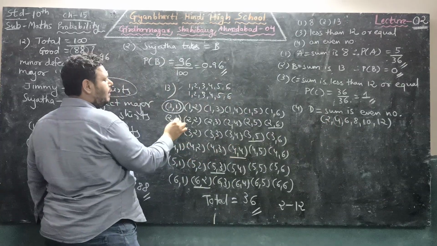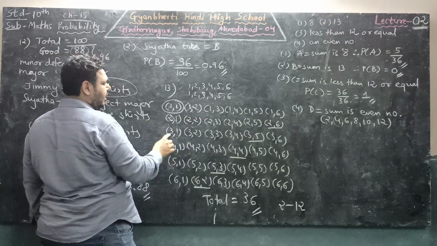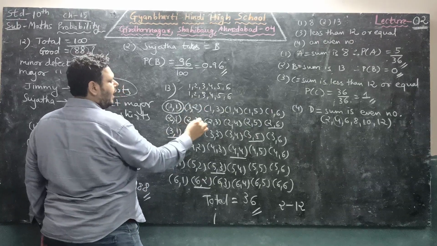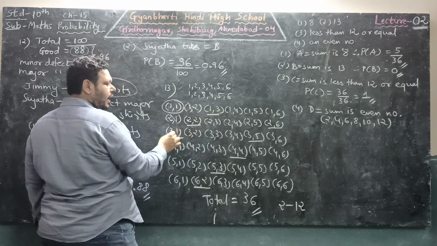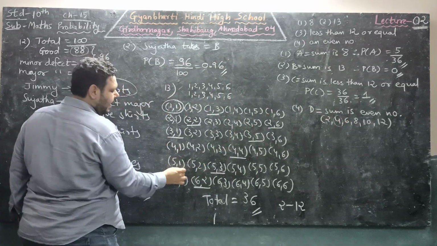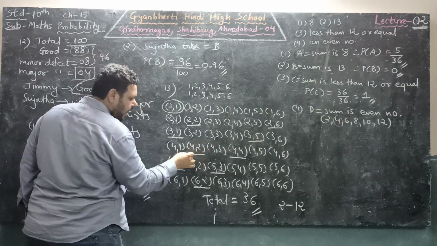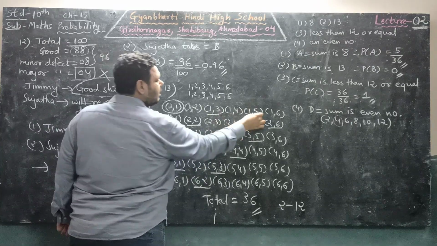2 and 1 will be 3, so this one will not be included. Next, 3 and 1 is 4, 2 and 2 is 4, 1 and 3 is 4. So these 3 will be included. Next, our sum will be 6: 5 and 1, 4 and 2, 3 and 3, 2 and 4, 1 and 5.